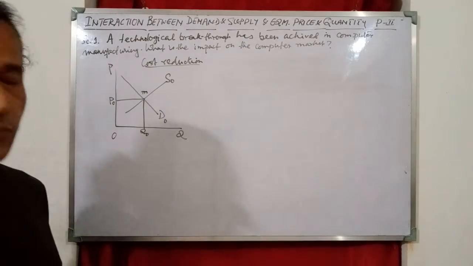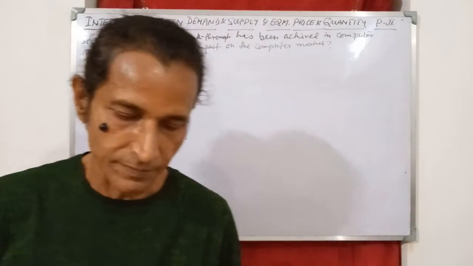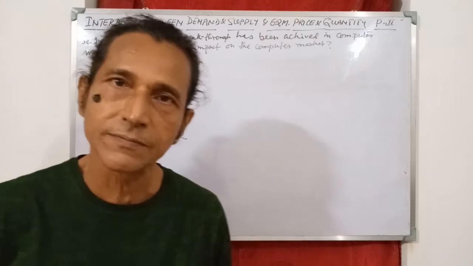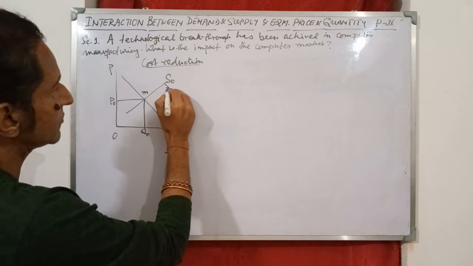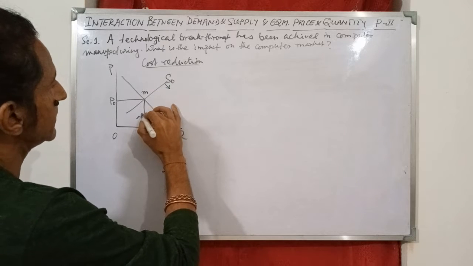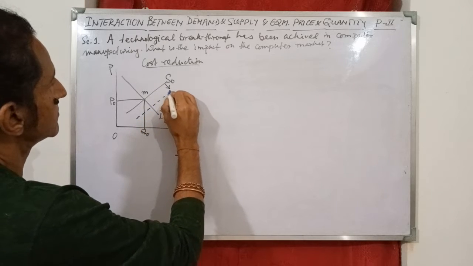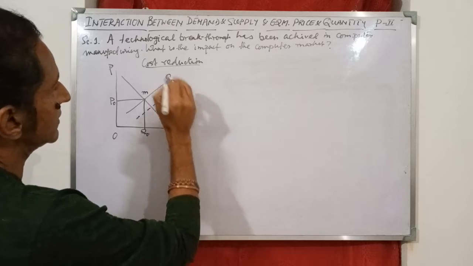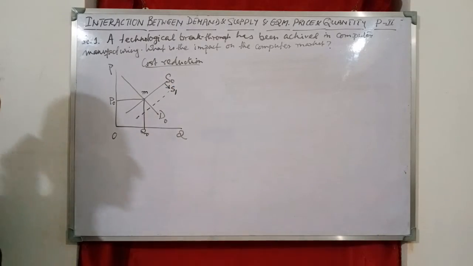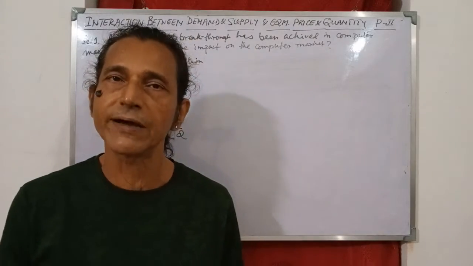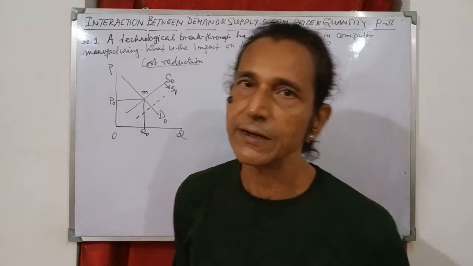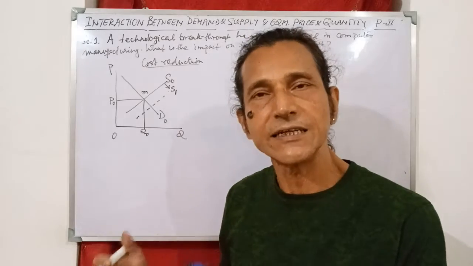Now as a result of fall in cost of production, supply will increase, so the supply curve S sub 0 will shift parallelly rightward. Let this be the new supply curve. Let this be S sub 1. There is no change in the demand side, there is no impact on the demand side, so the demand curve will stay as it is.